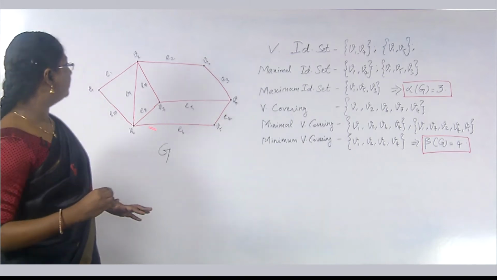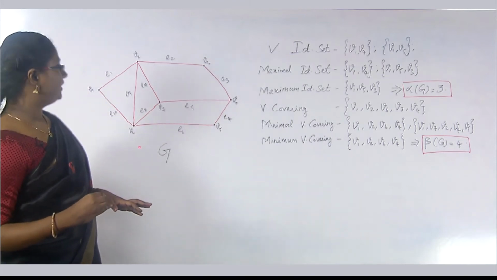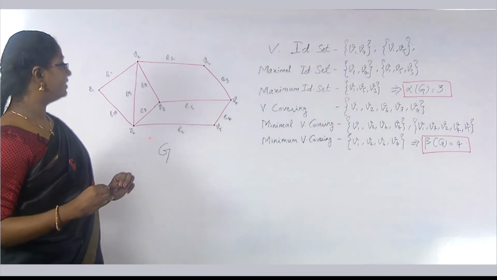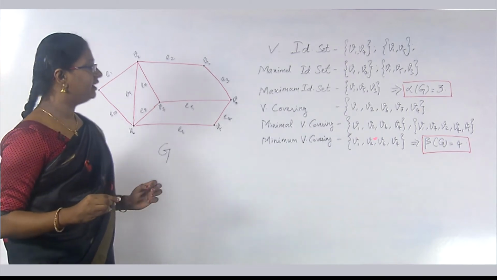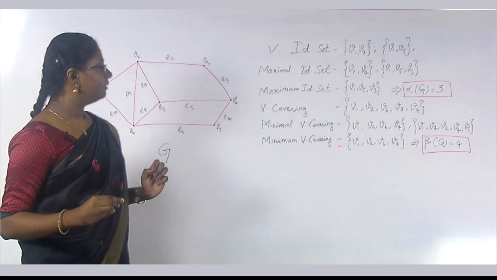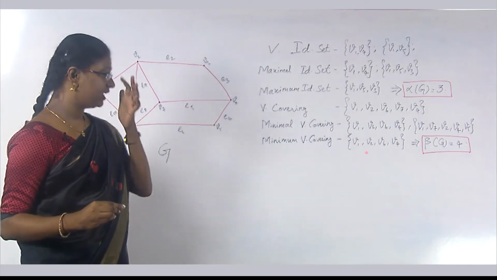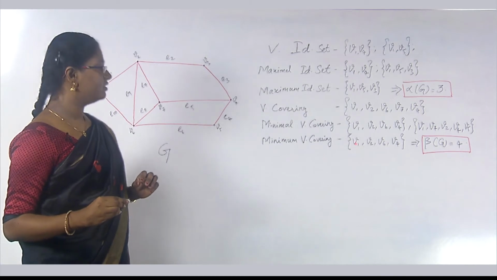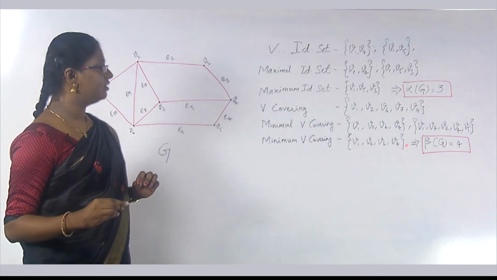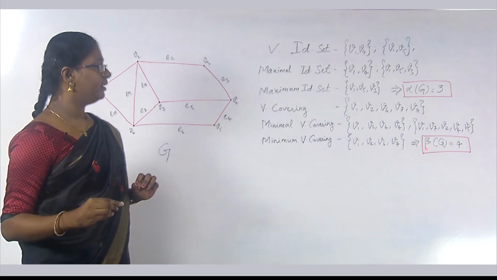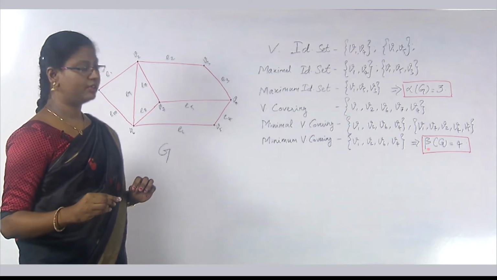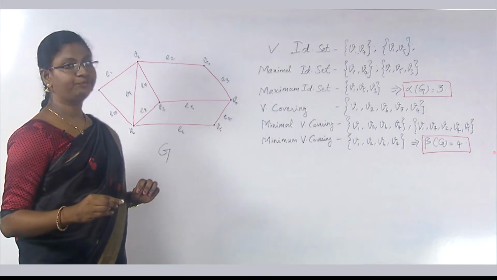So, that tells me clearly my minimum vertex covering set will consist of the 4 vertices V1, V2, V6, V4, and my cardinality is 4. The minimum covering number, denoted by beta of G, is 4.